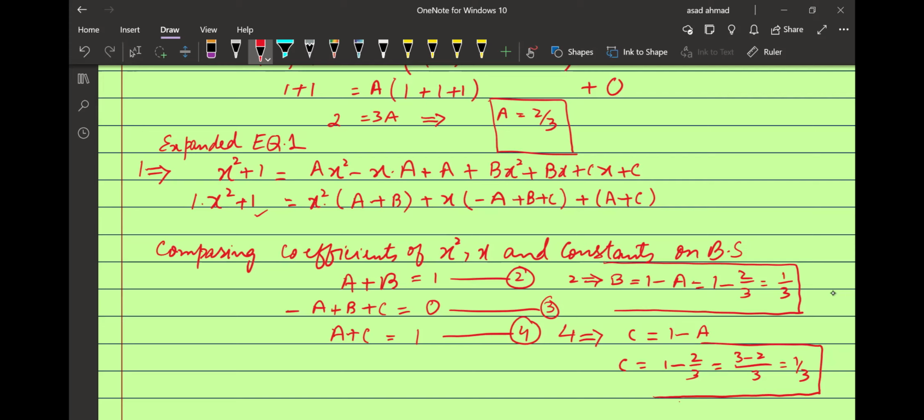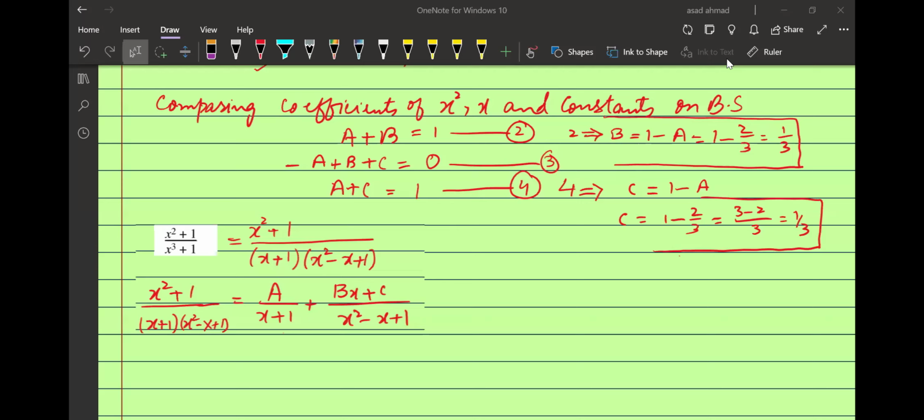Now we have obtained the values of A, B, C. So we will put these values in the original statement to finalize the answer. Now the values of A, B, C will be substituted in this formation to complete the answer.